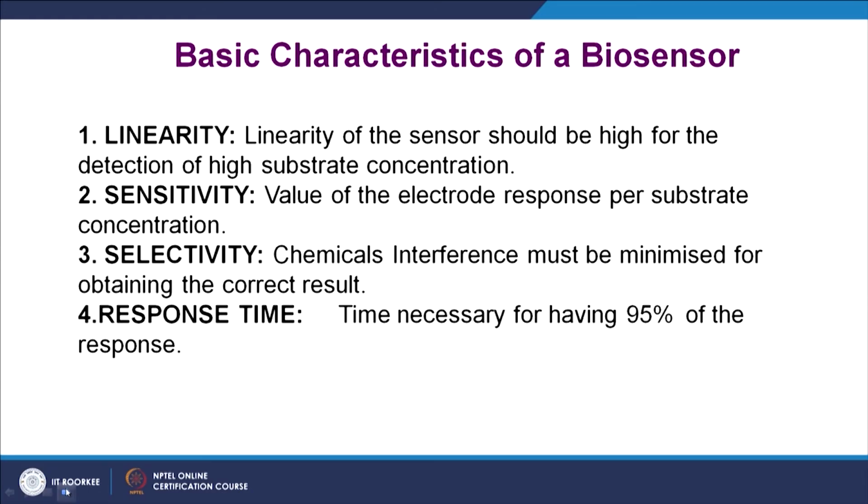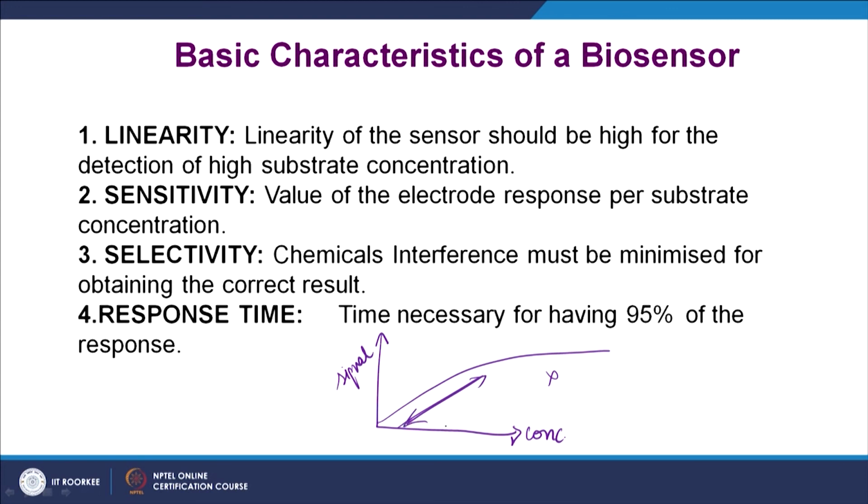So the basic characteristics of a biosensor should be linearity. So as the concentration goes high, this is concentration on the x-axis and this is the signal on the y-axis. Ideally it should be a straight line, but as the concentration goes high it plateaus. This should not be there, it should have a very nice, very reliable linear range.